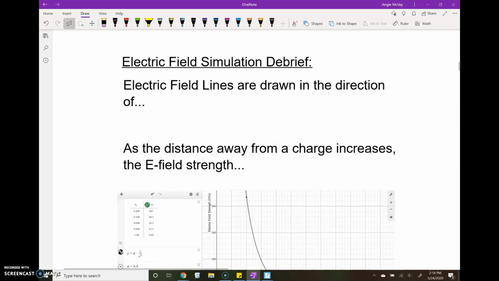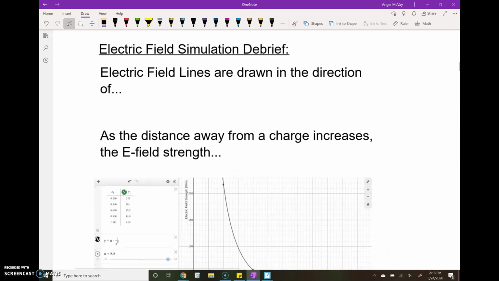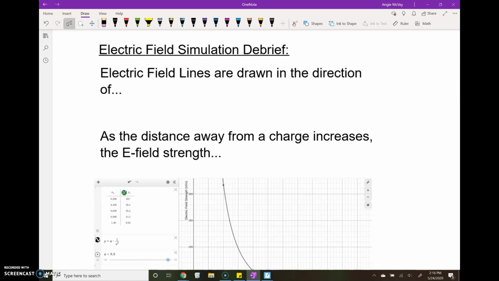All right, so let's take a look at our electric field simulation that you completed, and we're going to do a little debrief. Okay, so electric field lines are drawn in the direction of... In the simulation, if you turned on the electric field lines, were there any patterns that you noticed?